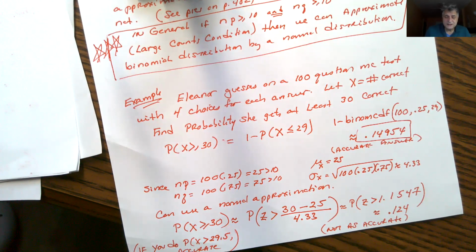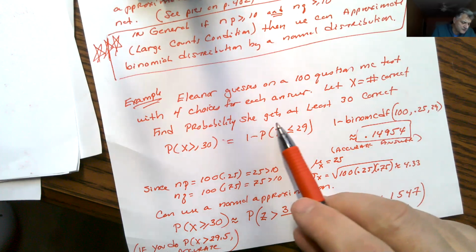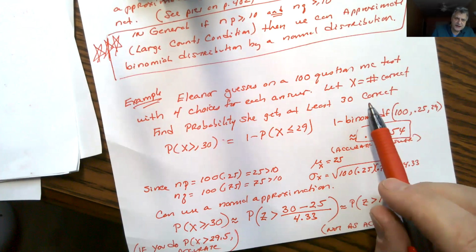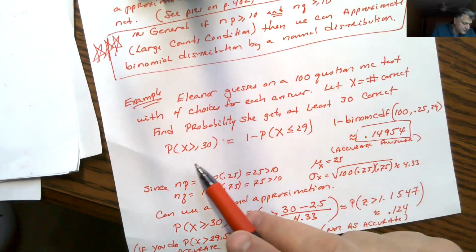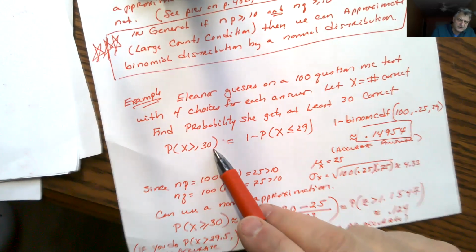Now this one actually is binomial, right? Because each time the probability is exactly 0.25 that she gets it correct. The guesses are independent of each other, okay? And there are 2 outcomes, correct or not correct. So I want to find the probability that she gets at least 30 correct, okay? So probability X is greater than or equal to 30.